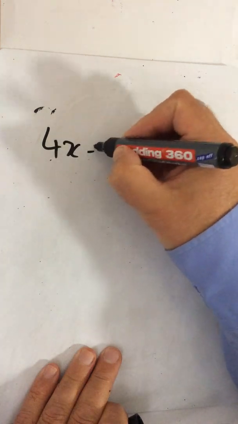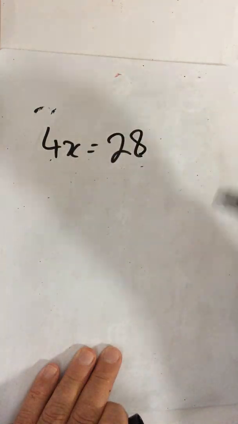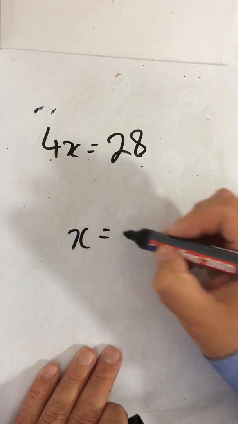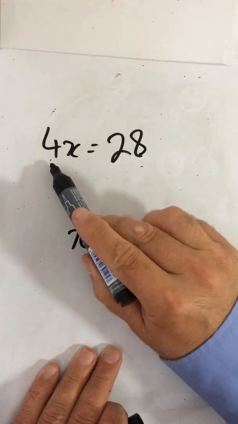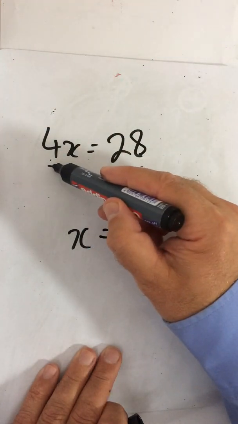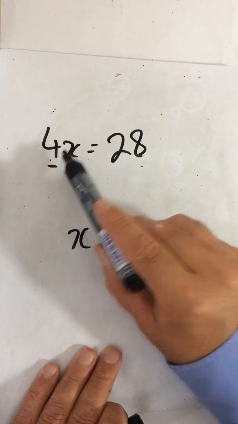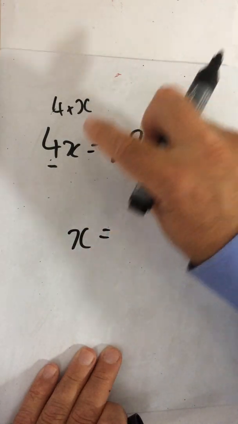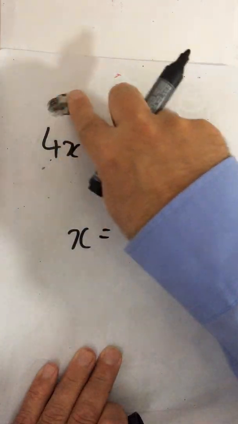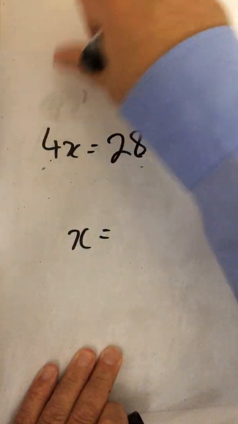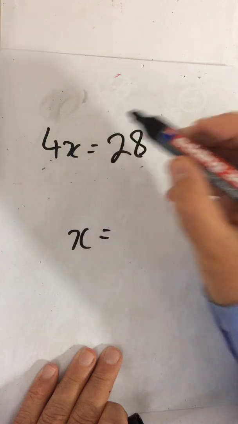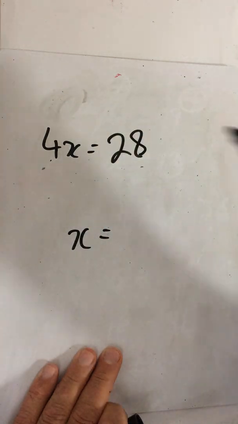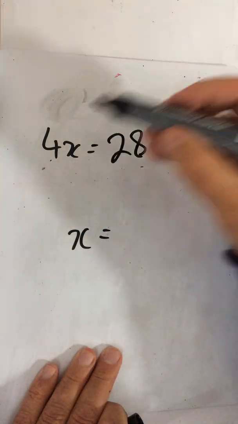So 4x equals 28. Using the balance method, I want x here. Now this is 4 times x, because we've got the hidden multiplication sign. So this means I have to get rid of this 4. In order to do that, we do the opposite of timesing.